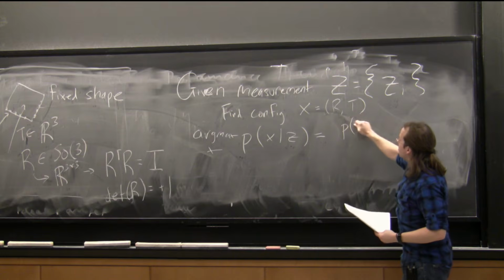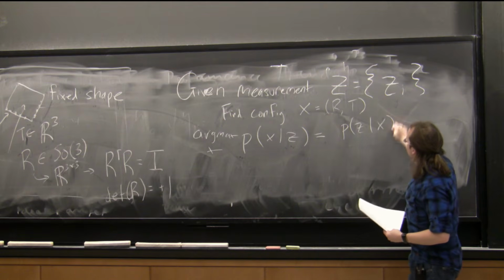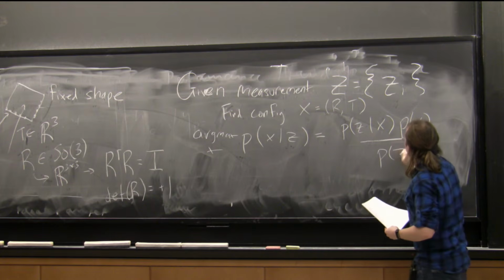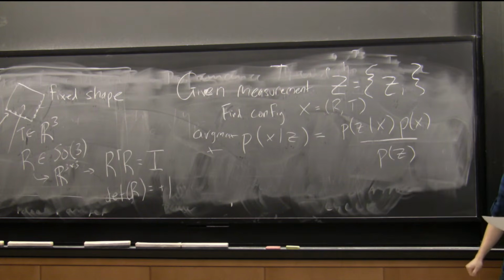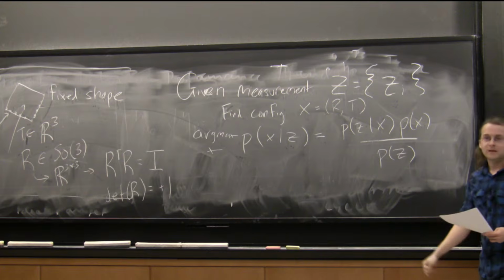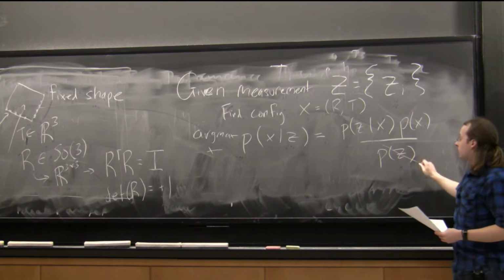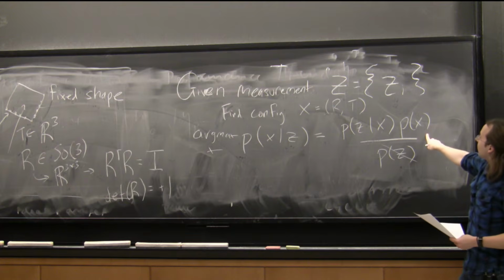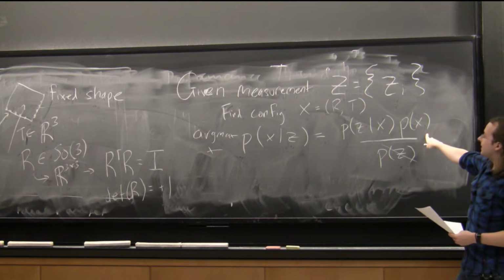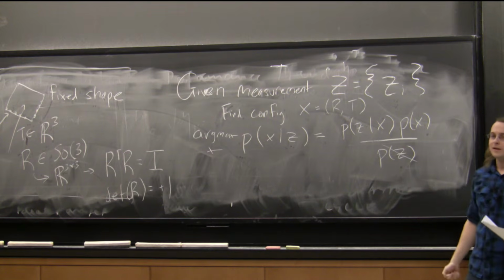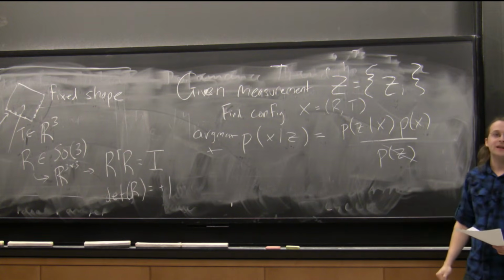So just invoking Bayes' rule, I can flip each of these around. And as a brief hand-wavy justification, particularly because this comes back up later, this term doesn't depend on x at all, so I'm going to ignore it for the rest of time. And this term would require having some kind of prior belief about what poses of the object are more or less likely to happen.